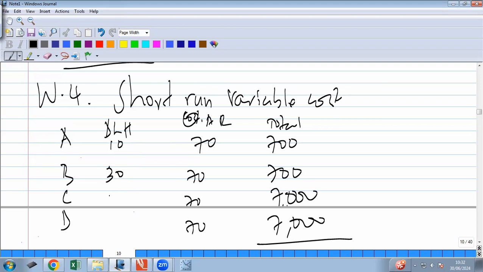And for product C? 100. And for product D? 300. I'm relying on your figures. Then the overhead absorption rate is 70, right? And this is going to give us 700.